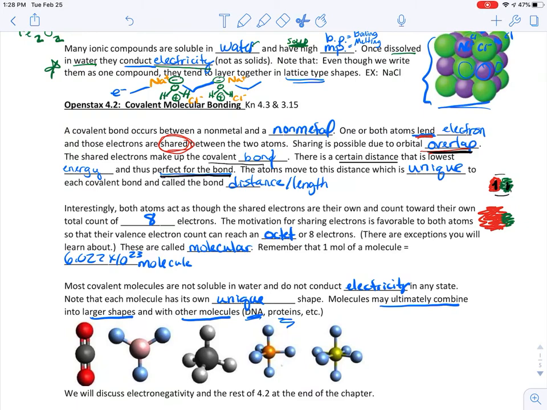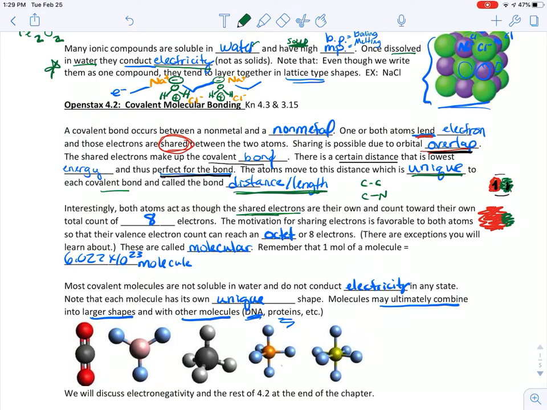So it's unique. Whatever this perfect distance is, it's very unique to each covalent bond, and it's called a bond distance or length. And we have charts and charts of these. So it's just saying like a carbon-carbon bond, that distance is not the same as a carbon-nitrogen bond. It's unique. They're going to be close, but it's not the same distance.